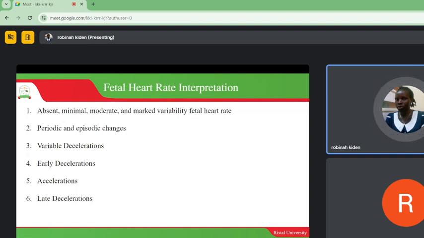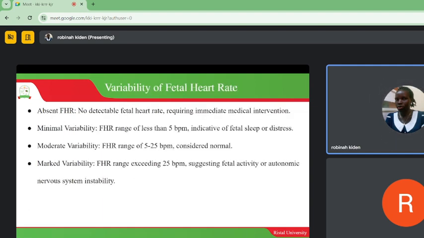It can be normal, but if it decreases when it is early in labor, then it calls for alarm. Then accelerations, the increase in the heart rate. Then late decelerations, when it decelerates late, like in labor.